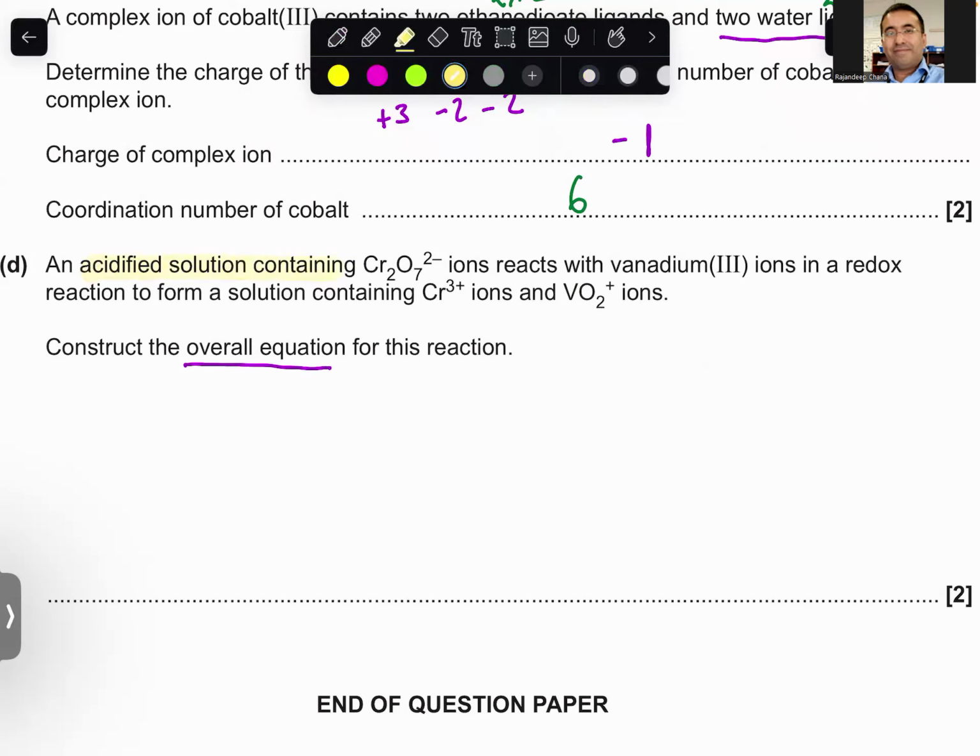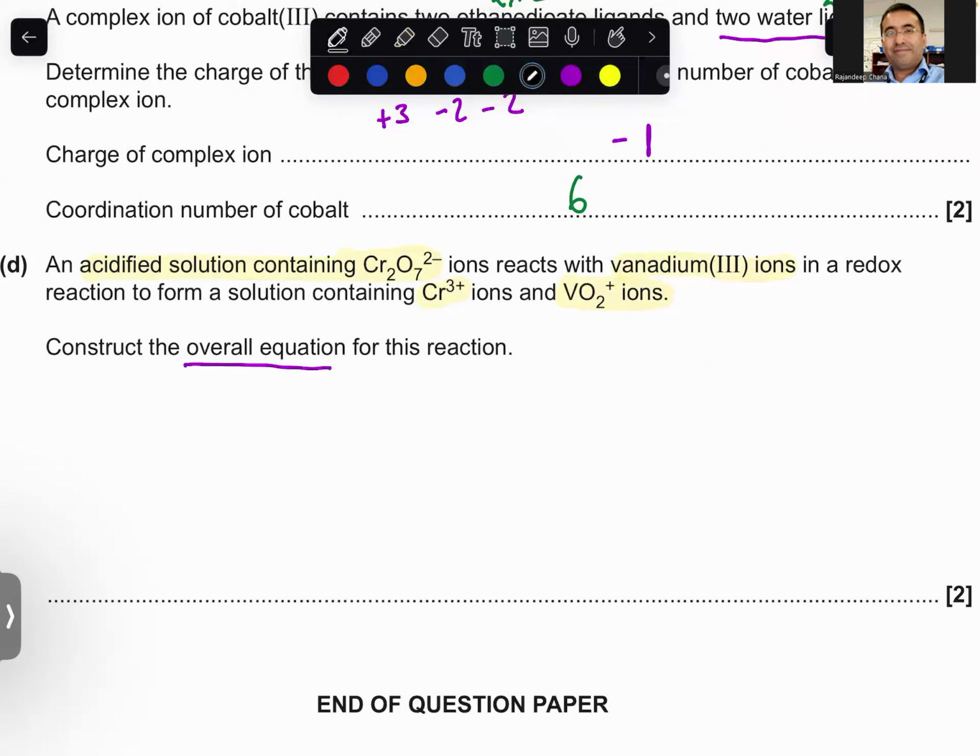An acidified solution containing dichromate ions reacts with vanadium 3+ ions in a redox reaction to form a solution containing Cr 3 plus, and VO2 plus ions. Construct the overall equation.